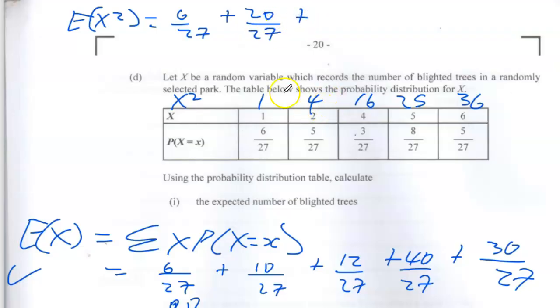So this time I multiply: for E of x we use the x values, for E of x squared we use the x squared values. So 16 times 3 over 27, that's 48 over 27. Plus 25 times 8 over 27, that's 25 times 8, 200.